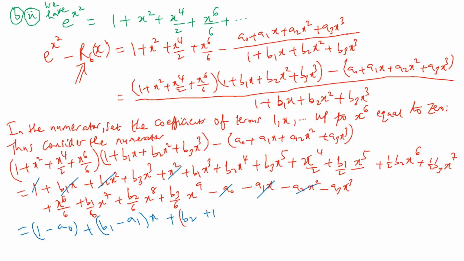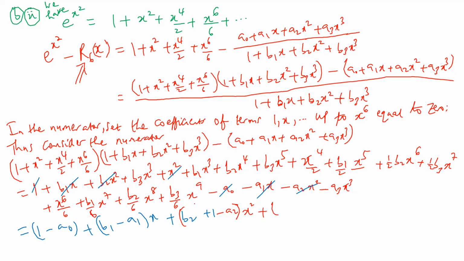Right, so you have the x squared, which is b2, and then we have minus a2. Okay, so you have x cubed.